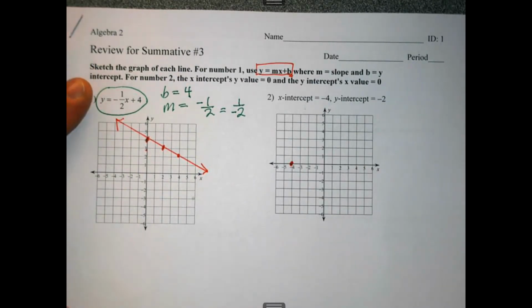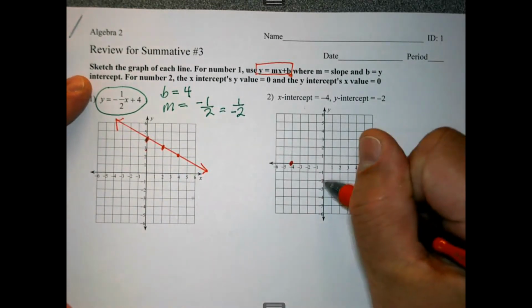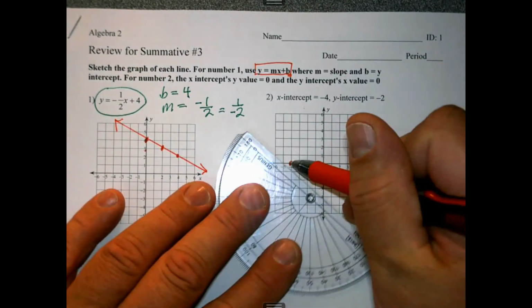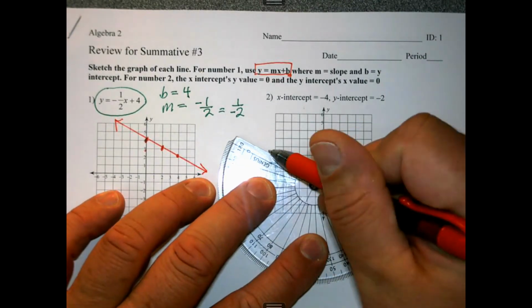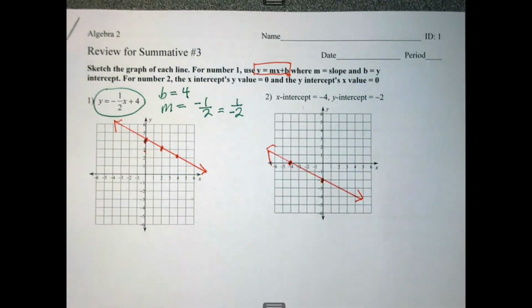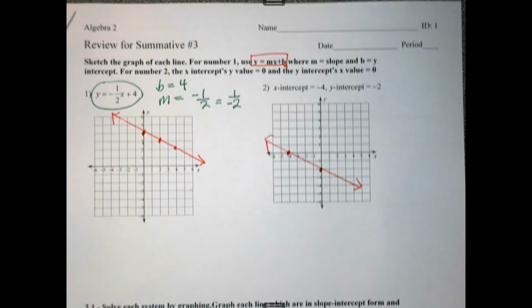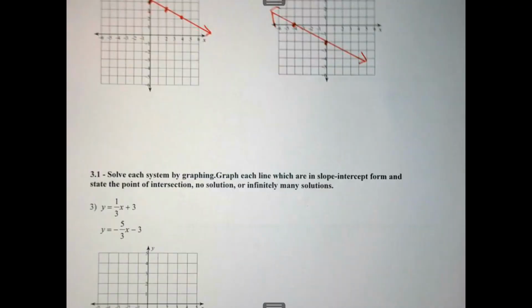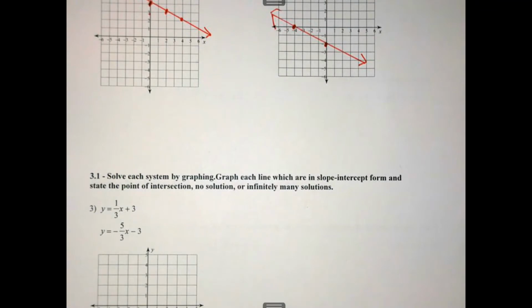On the y axis, it's negative 2. Here's my 2 points. Draw my line. So that's drawing lines. Equations of linear equations.